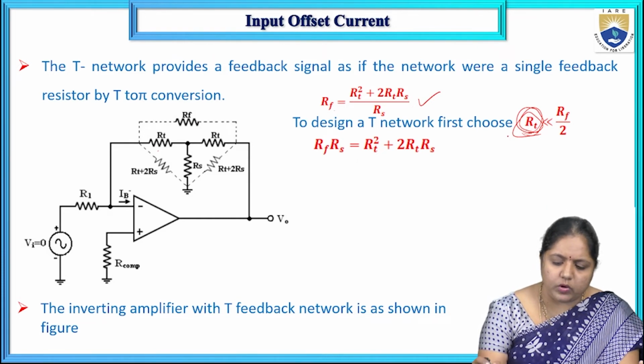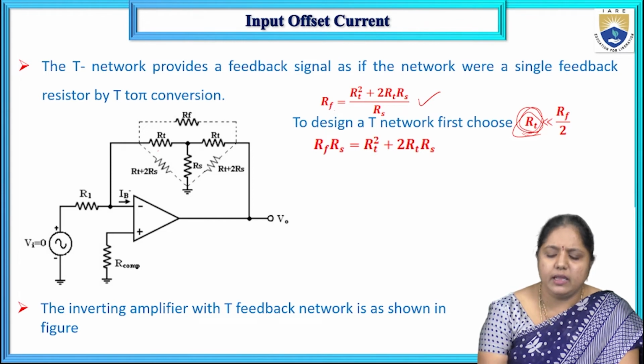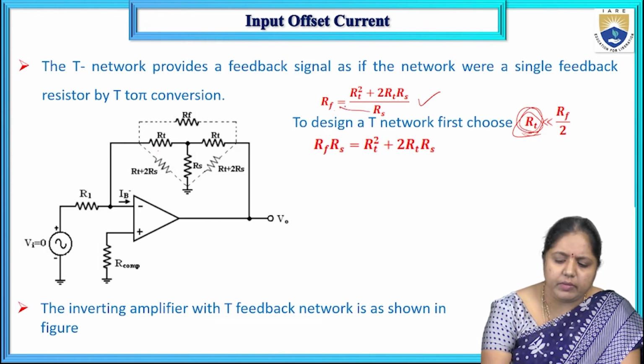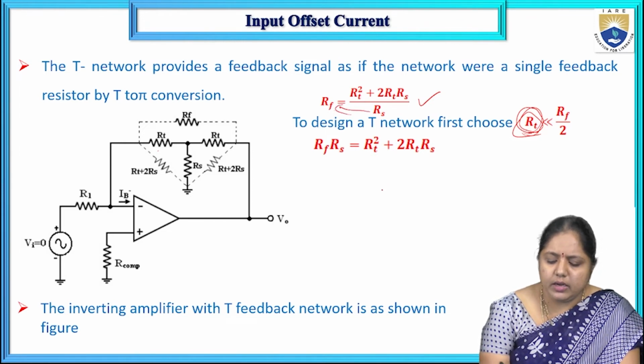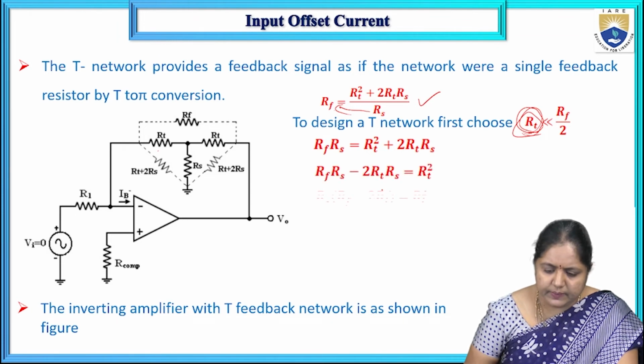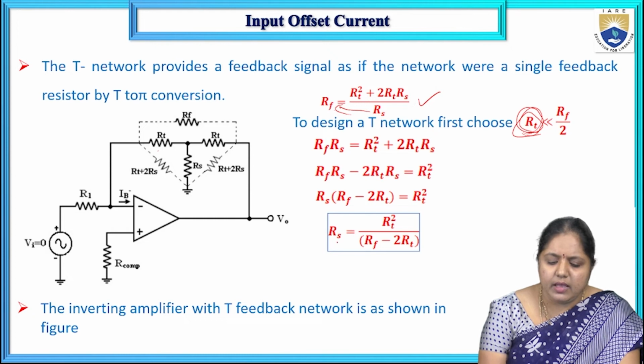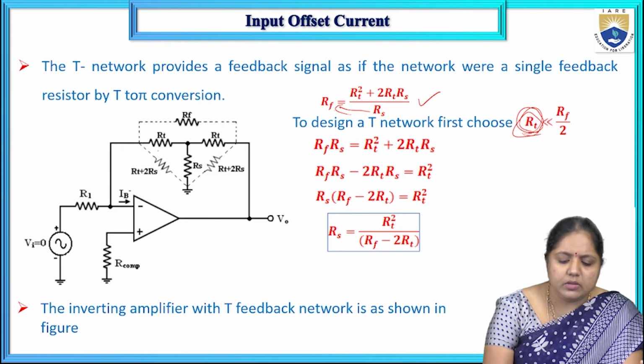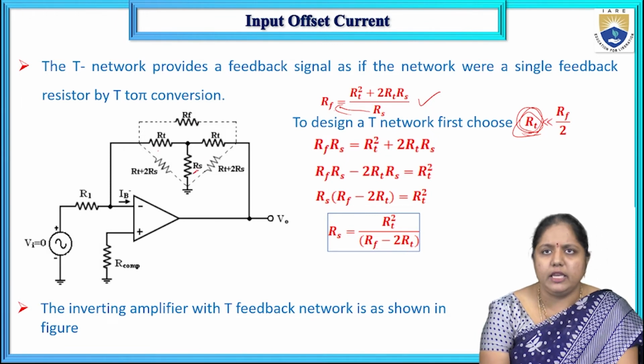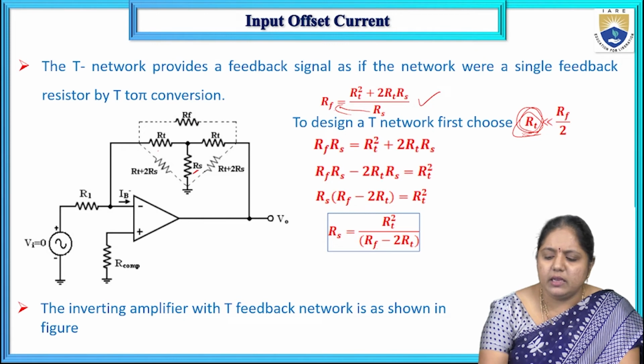Now I need to find the RS value. To find the RS value, just make the product here and simplify this expression. If I simplify this expression, I get the RS value equal to RT square by (RF minus 2 RT). So this is the RS value I need to consider, and this is the RT value I need to set here.